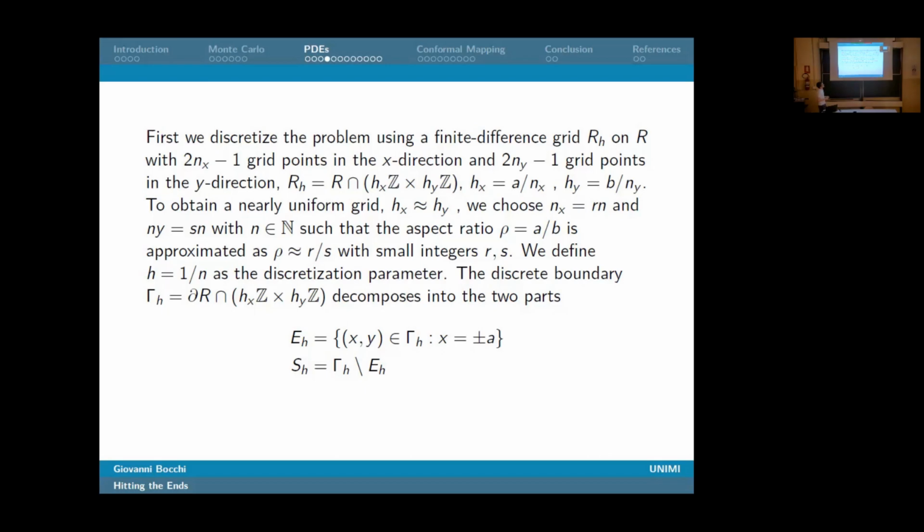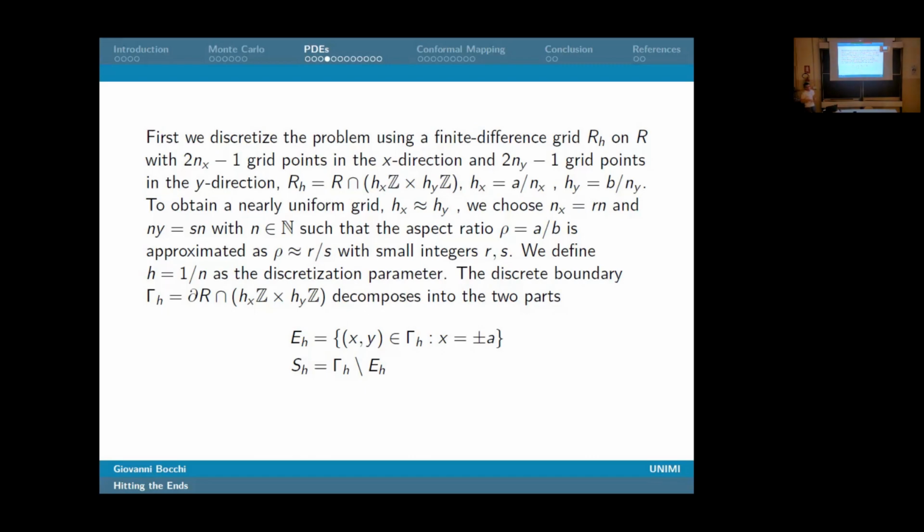of that kind, having the steps in the 2 directions given by the ratios between the dimension of the rectangles and how many points we took for the discretization. We would like to have a uniform grid, so with similar steps in both the directions, because usually they are better.